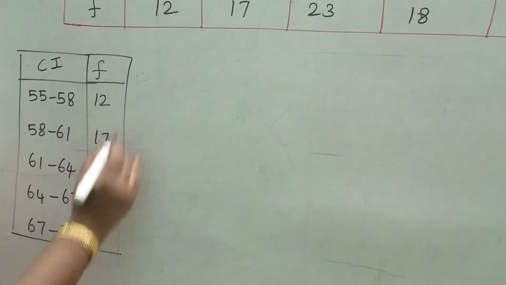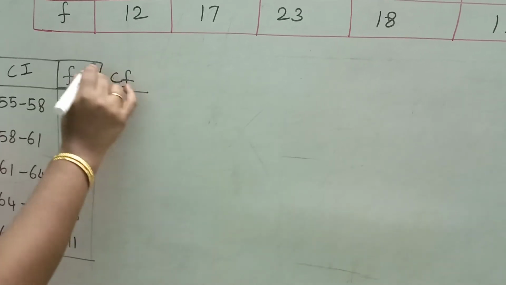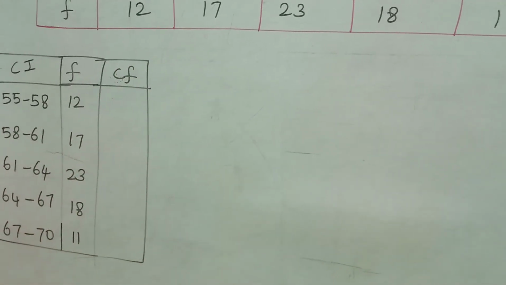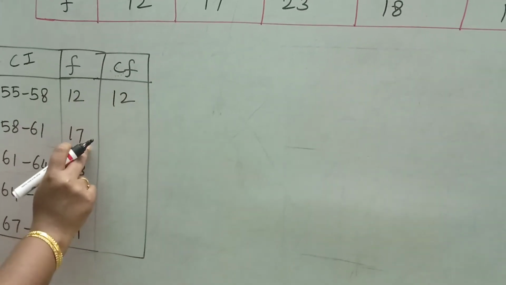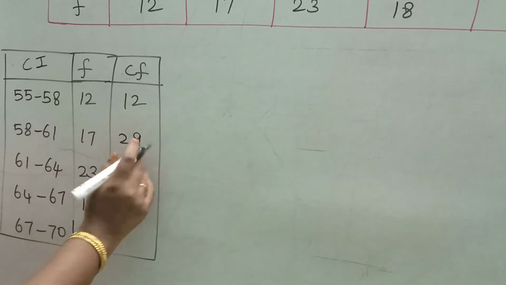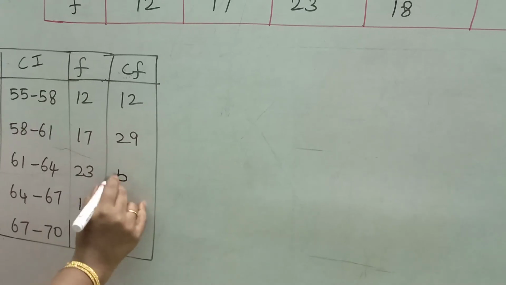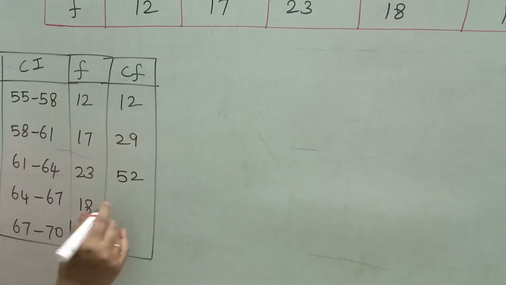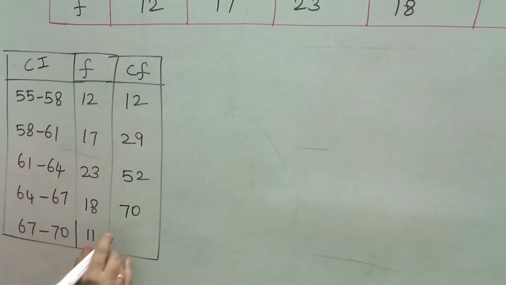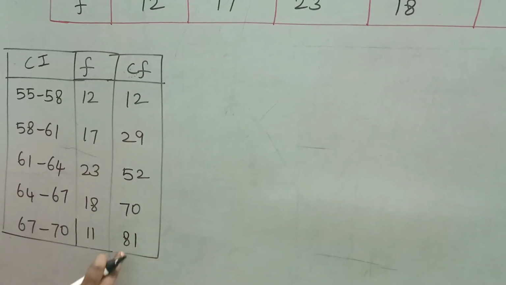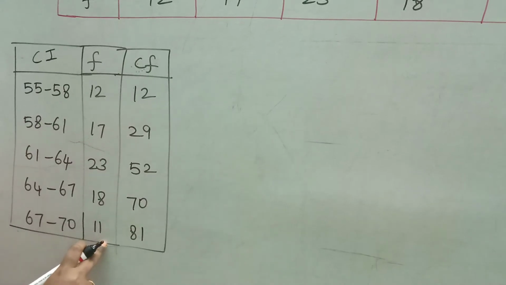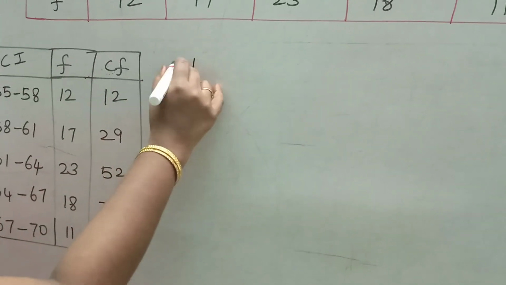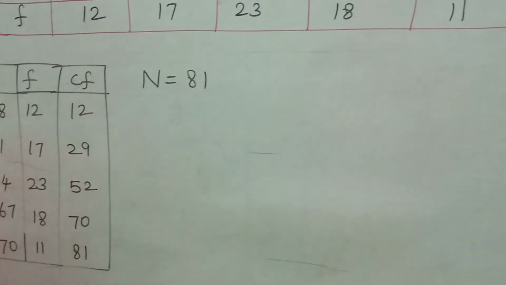Next we find the cumulative frequency column. Write the first frequency as it is, 12. 12 plus 17 is 29. 29 plus 23 is 52. 52 plus 18 is 70. 70 plus 11 is 81. Capital N is nothing but the total frequency. In our sum, capital N is equal to 81.